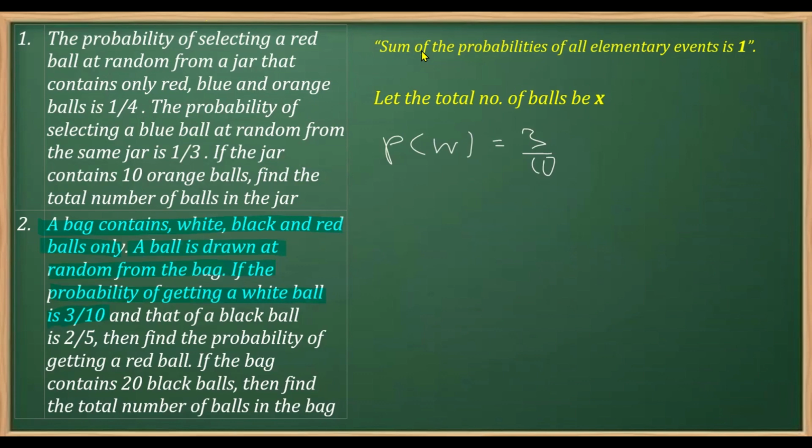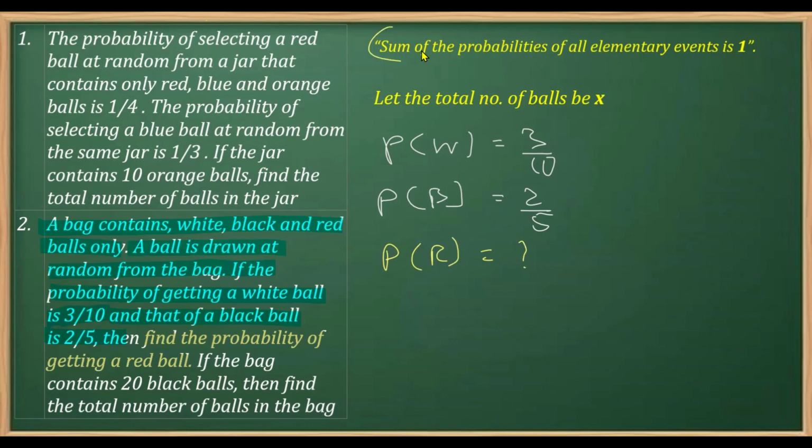Next it says the probability of a black ball is 2 over 5. So I write down the probability of a black ball is 2 over 5. We have to find the probability of getting a red ball.